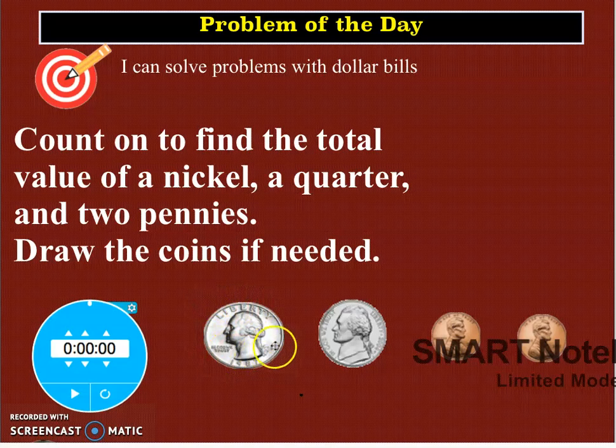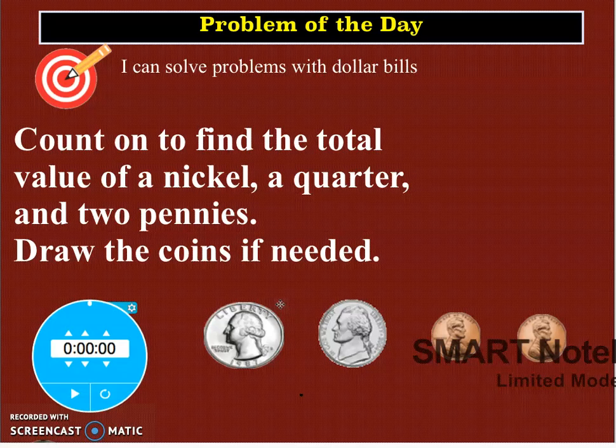We have a quarter, a nickel, and 2 pennies. So the problem wants us to find the total value. In order to find how many in all, we have to do what? We have to add. That's right.